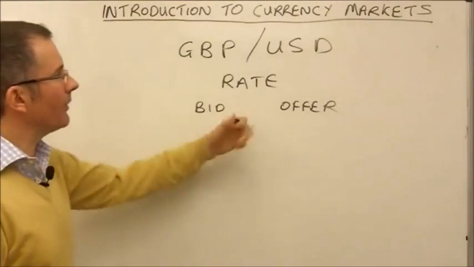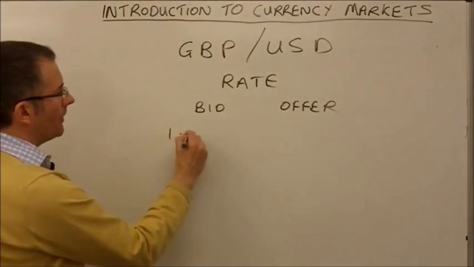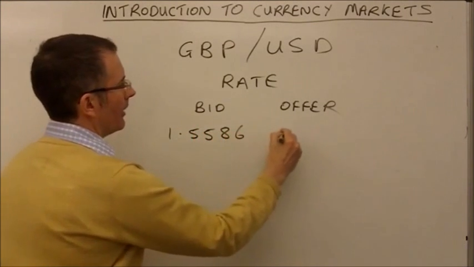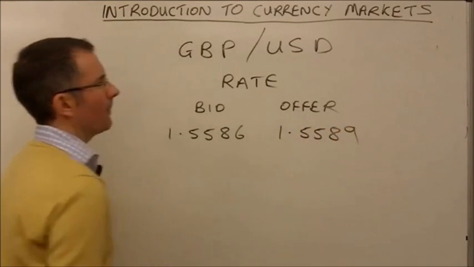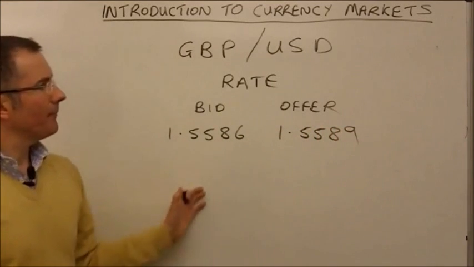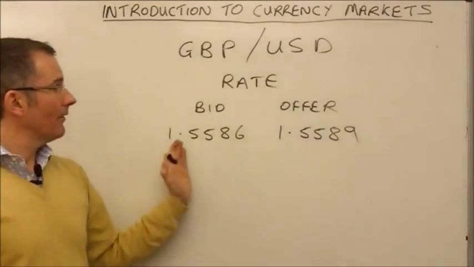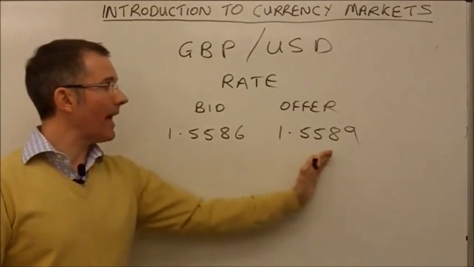So let's put a rate in. For example, maybe we've got a bid rate of 1.5586 and an offer rate of 1.5589. Now, on a screen, it won't necessarily say that this is a dollar rate. It may just appear like that.